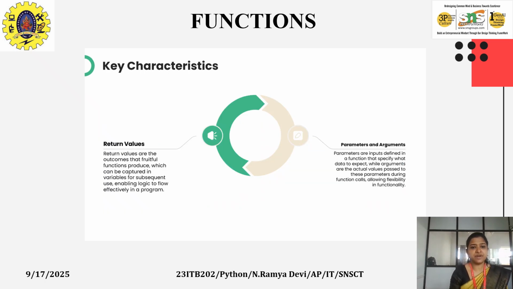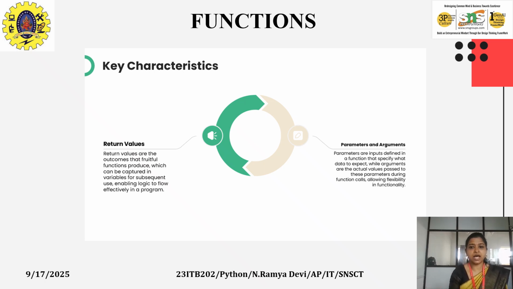The return values are the outcomes that fruitful functions produce, which can be captured in a variable for subsequent use, enabling logic to flow effectively in a program. Also in functions we have parameters and arguments, which can be passed inside a function.